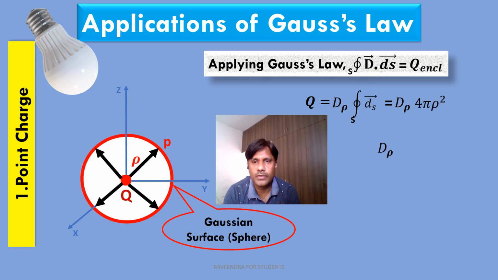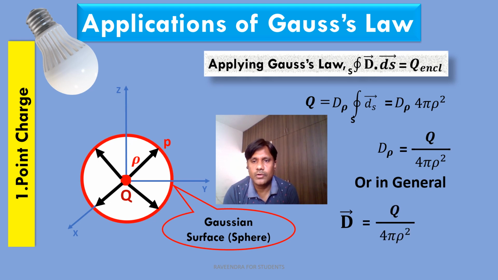Then from this we can write D rho equals Q by 4 pi rho square, or in general, in any direction, D bar equals Q by 4 pi rho square into a rho bar, which is the unit vector in the direction of rho. So with a single step, just by knowing the surface area of the sphere, we directly got D bar as Q by 4 pi rho square into a rho bar.